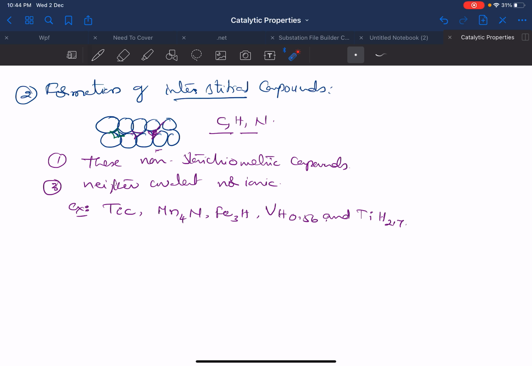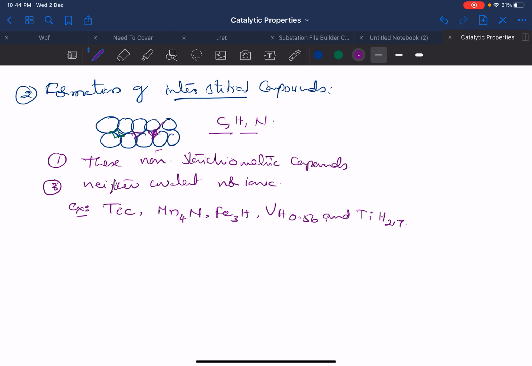That means there is no fixed ratio between these two atoms of the interstitial compounds. So they do not show a fixed oxidation number. The metal does not show any fixed or normal oxidation number in these interstitial compounds.